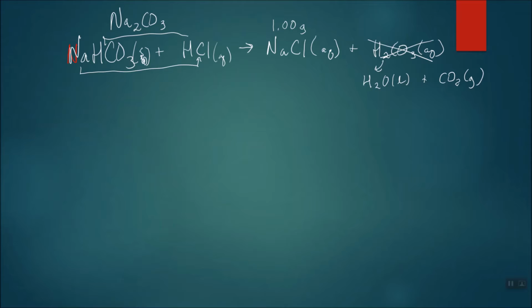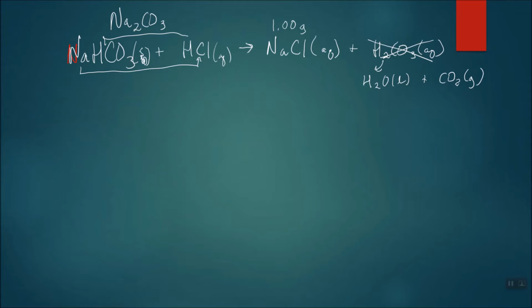So what we need to figure out right now is how much sodium bicarbonate or how much hydrochloric acid we need in order to produce for us 1.00 grams of sodium chloride.